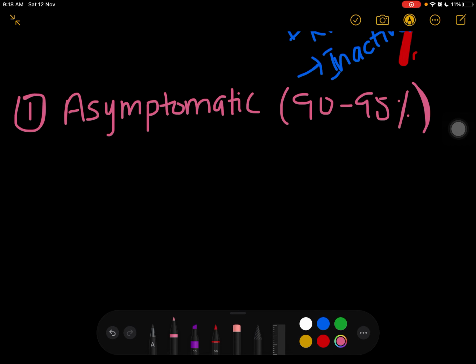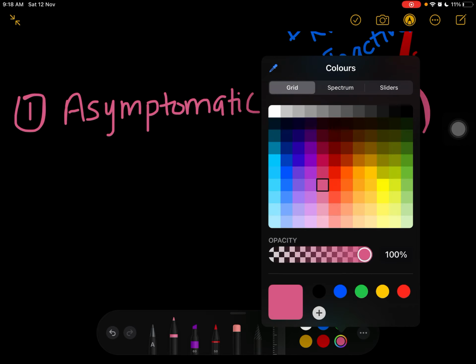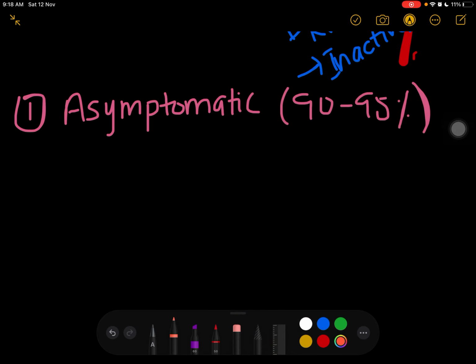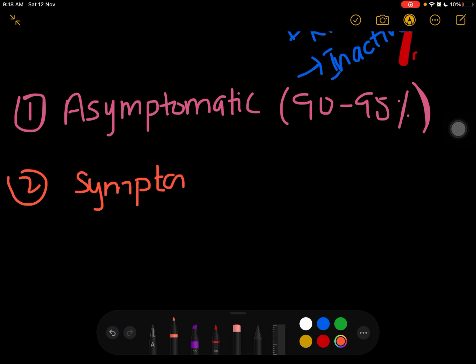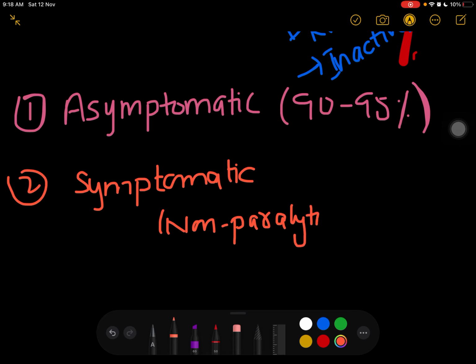That's asymptomatic. The second one is symptomatic, or you can say non-paralytic.